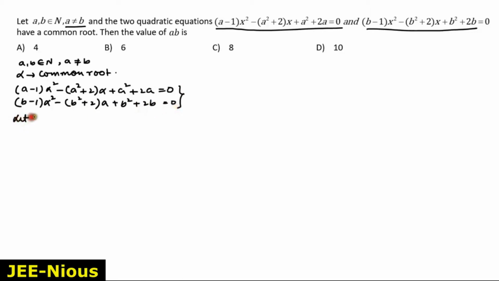let the equation, look at it very carefully, let the equation be (y minus 1) alpha square minus (y square plus 2) alpha plus y square plus 2y equals 0.